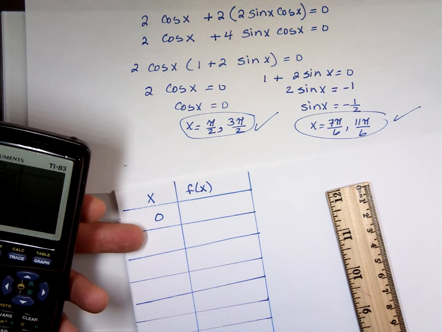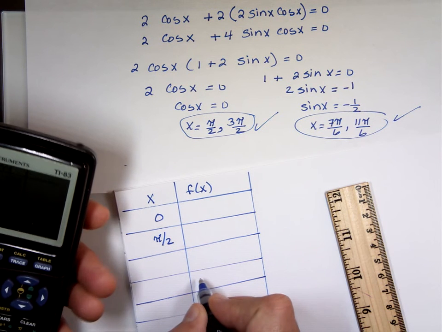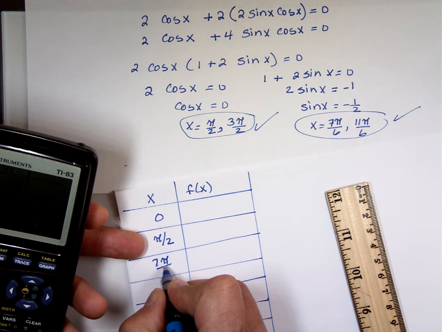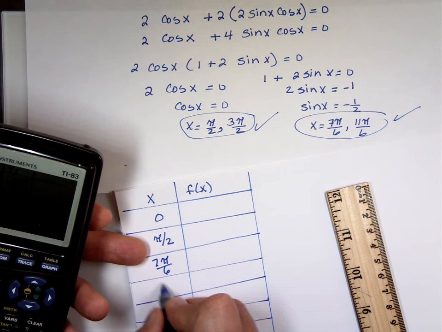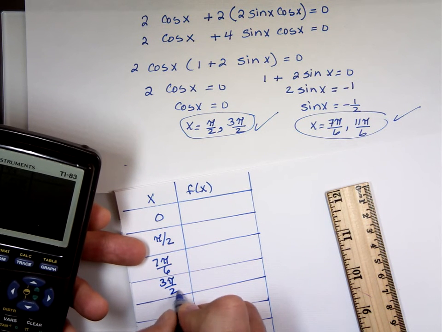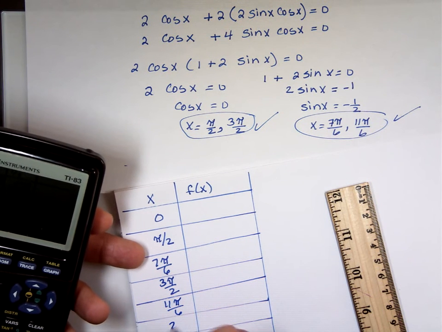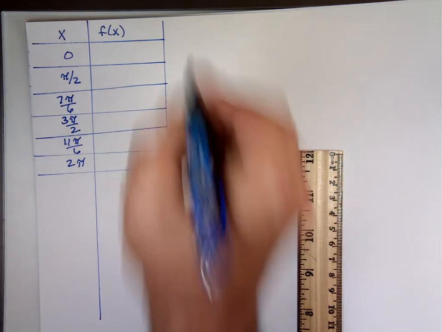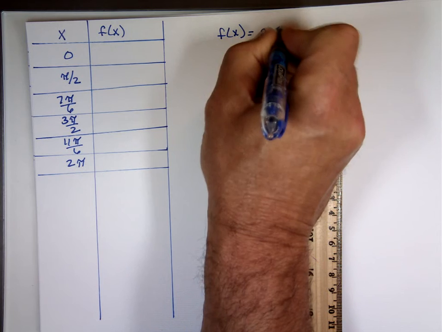Pi over 2, the next one. 7 pi over 6, the next one. 3 pi over 2, the next one. 11 pi over 6, the next one, and 2 pi the last one. Again, in case you forgot, f of x equals 2 times sine of x minus cosine 2x.